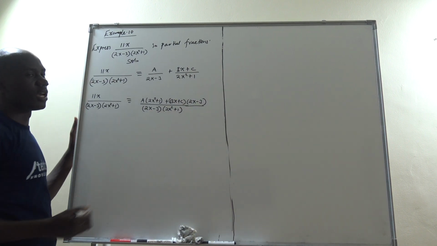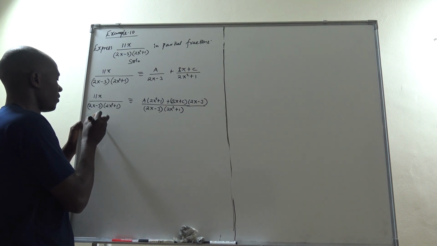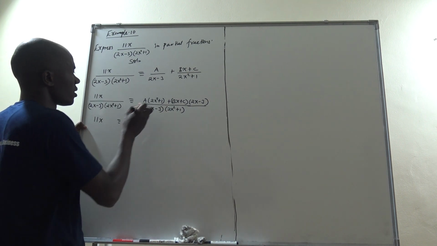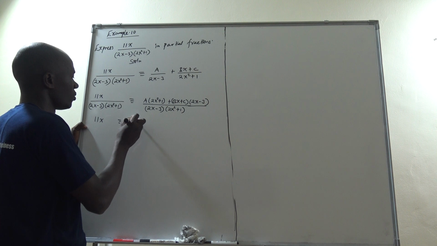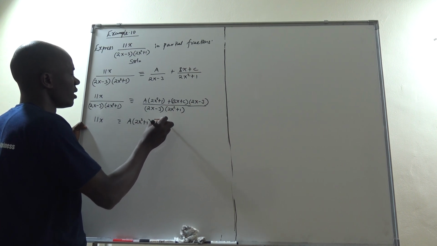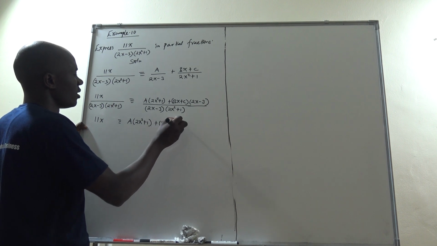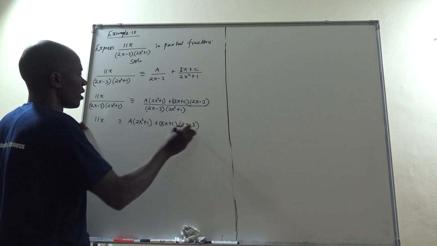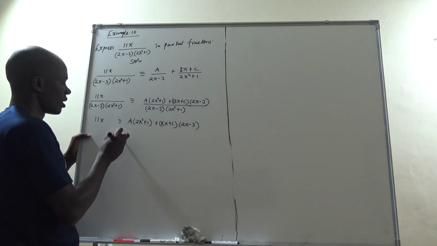So these ones, they are crossing. We have 11x equals A(2x squared plus 1) plus (Bx plus C)(2x minus 3). So can we go ahead and expand?